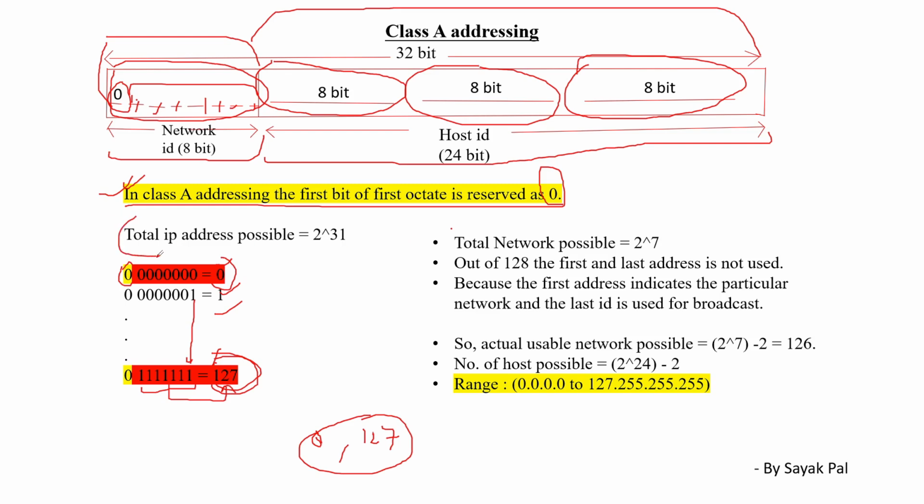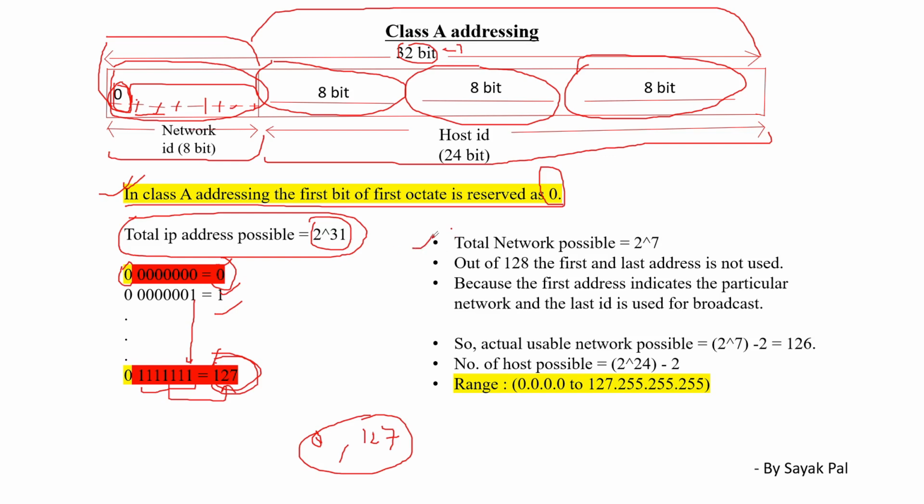The total number of IP addresses possible inside class A addressing is 2 to the power 31. Why 31? Because the first bit is reserved in the first octet, so the number of bits is 32 minus 1, that is 31. So 2 to the power 31 total IP addresses are possible.